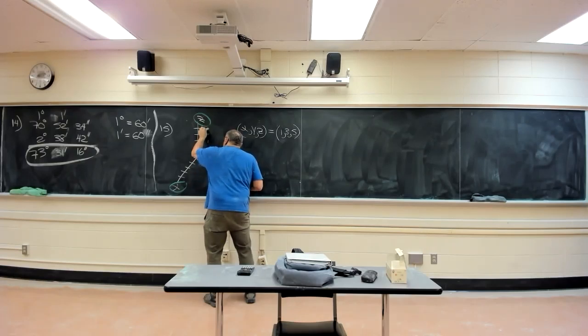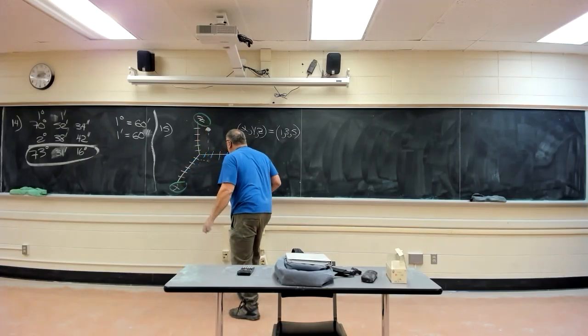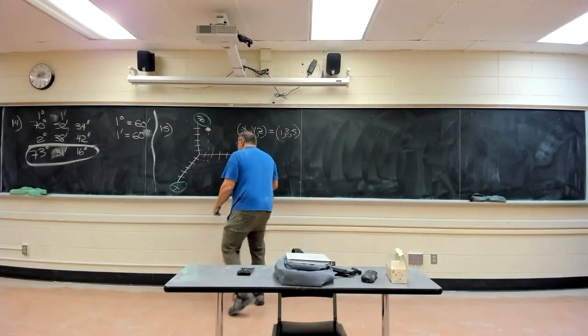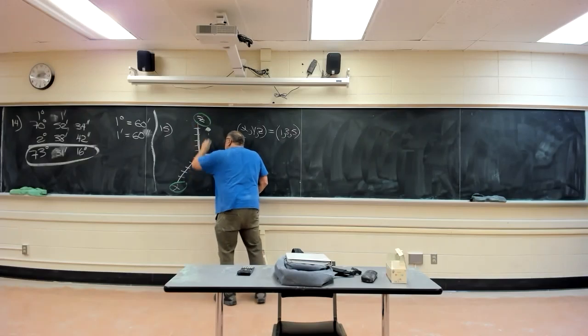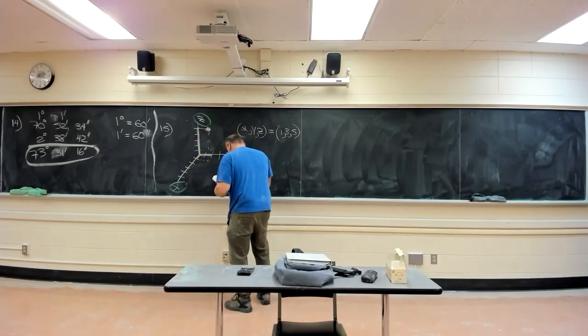Here's 5. This is a lousy drawing, guys. Like I said, this is 1 over, this is 3 over, and this is 5 up, at the corner of the box that's formed. See what's happening there. So that's how that's looking.